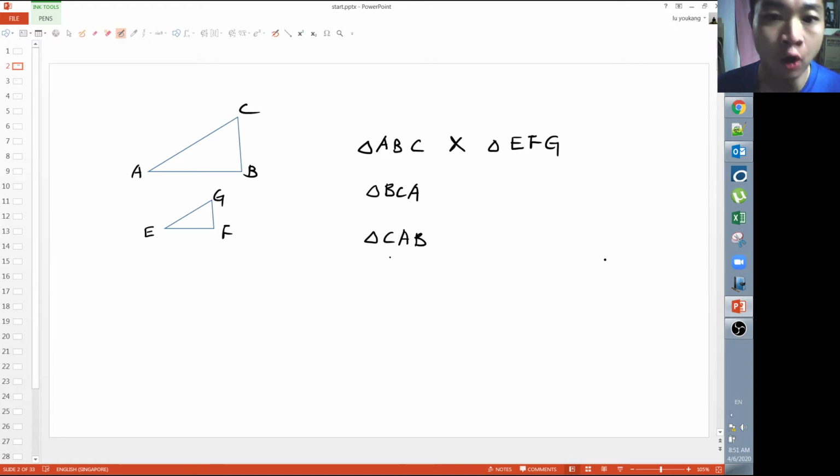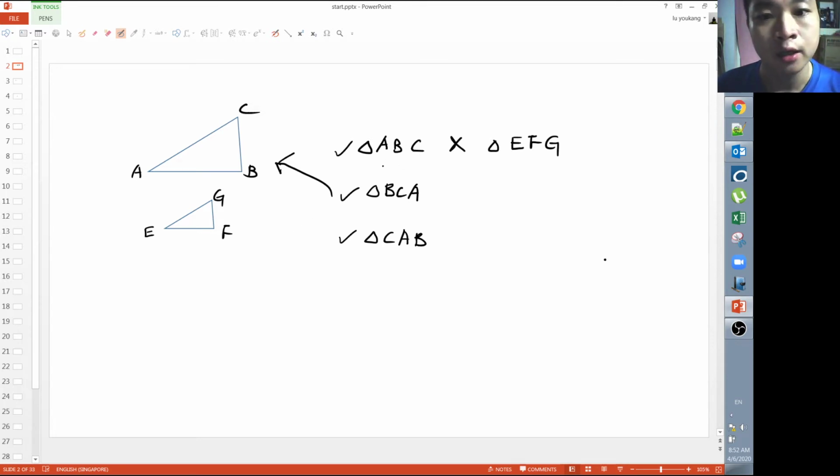So when you name your triangle, you can actually pick one of these to name this triangle ABC or BCA or CAB. It doesn't matter when it comes to the order of the letters.